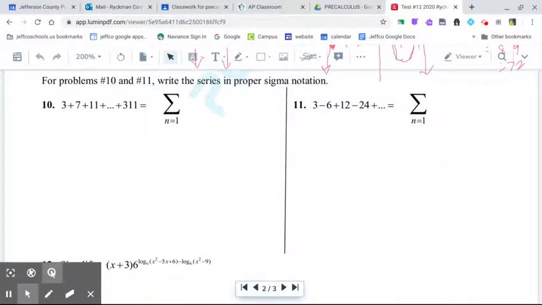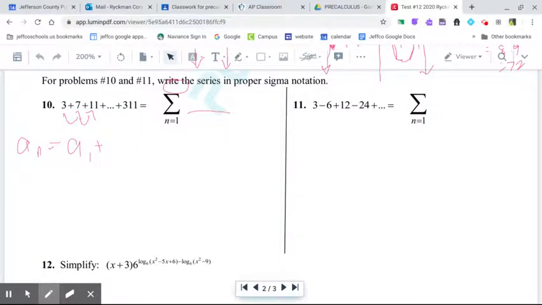Okay. For 10, you're looking to make the summation notation for this, so you really need to figure out two things. What's the equation for the pattern, and what's the last n? Well, the pattern, you need to look at it. You're adding 4, so it's arithmetic. So the pattern is like the idea of saying, I'm going to start at some first term and add over and over again so many times.